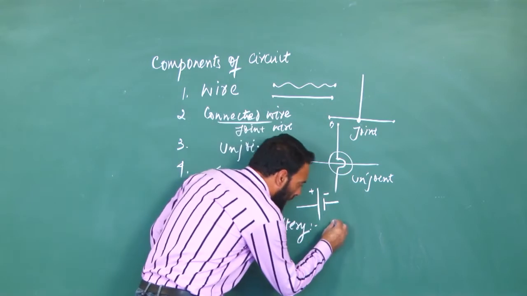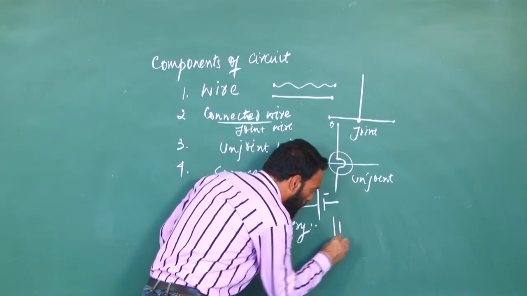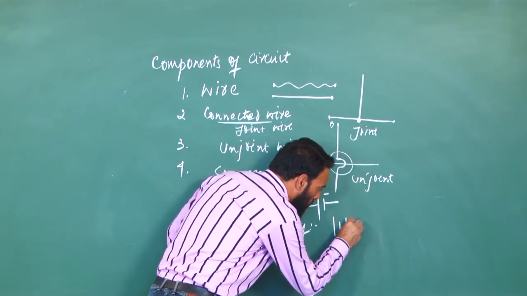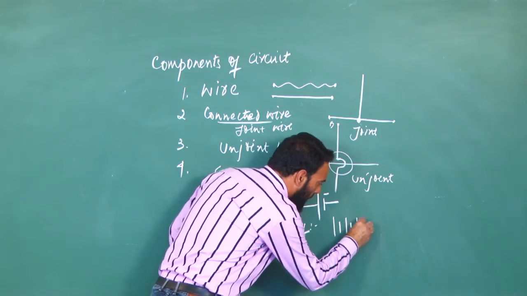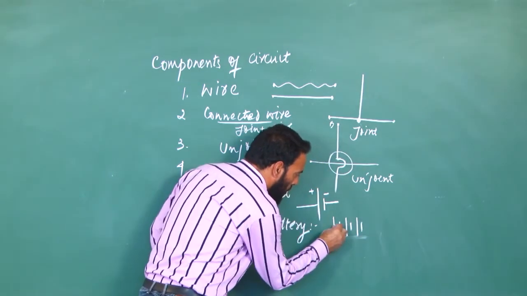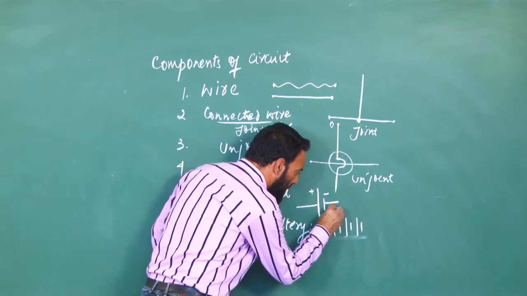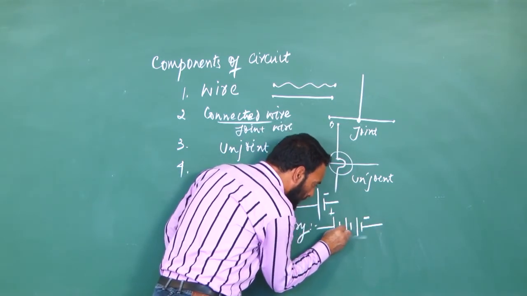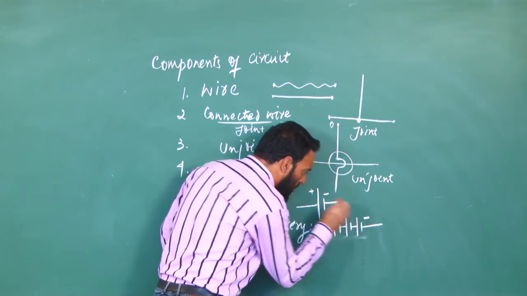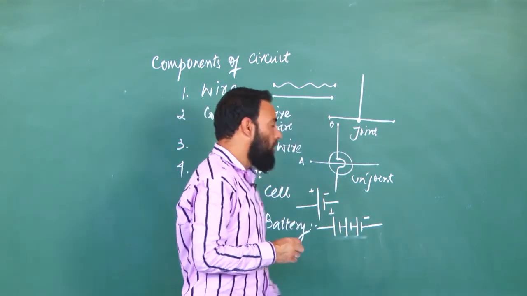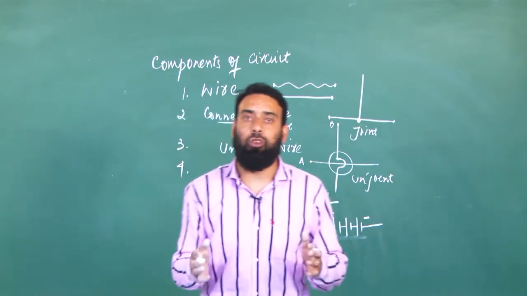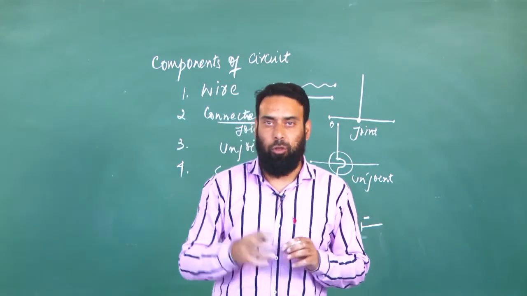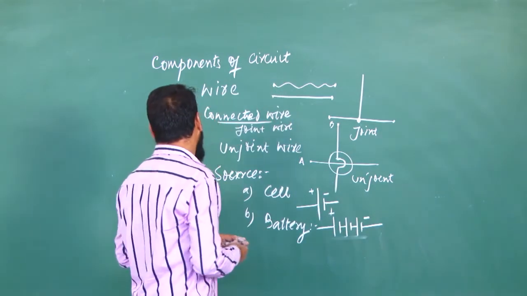In this battery there are 3 cells, 1, 2 and 3. Here is the positive terminal, here is the negative terminal. So join these, negative, positive, negative, positive. So this is a battery. A battery is a combination of cells. So this is the second important component.